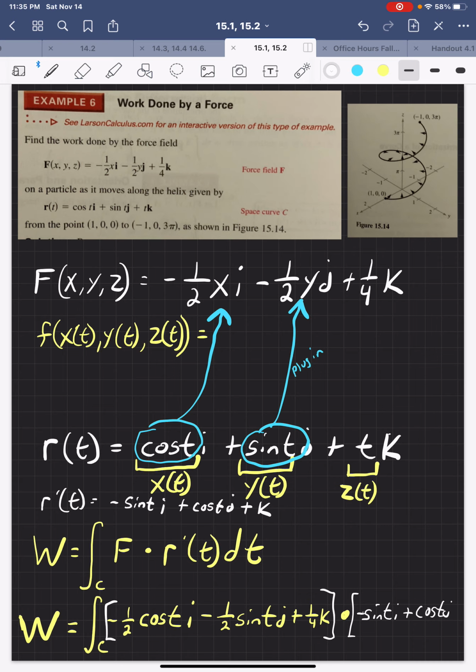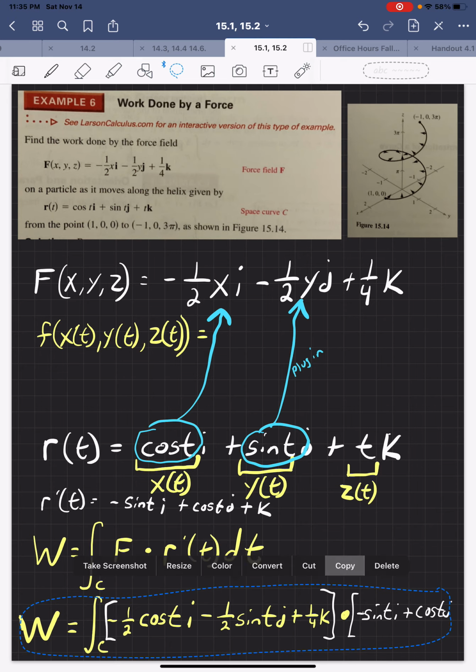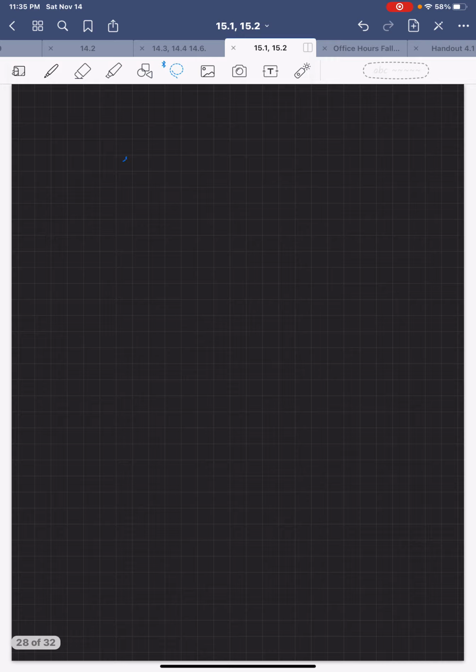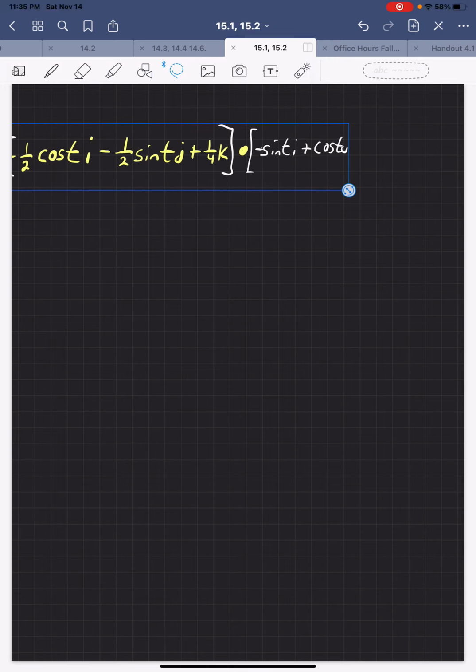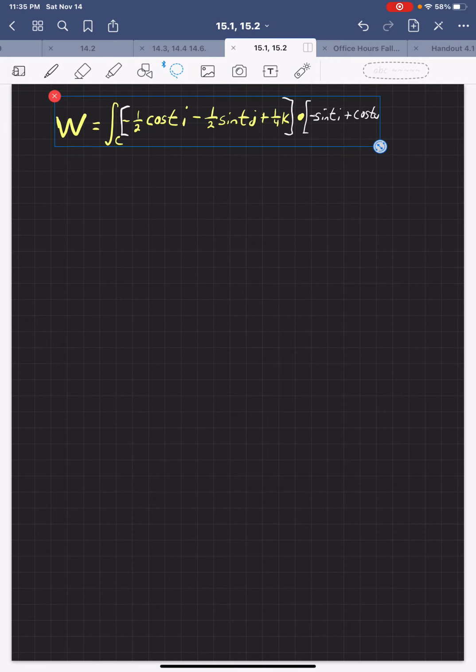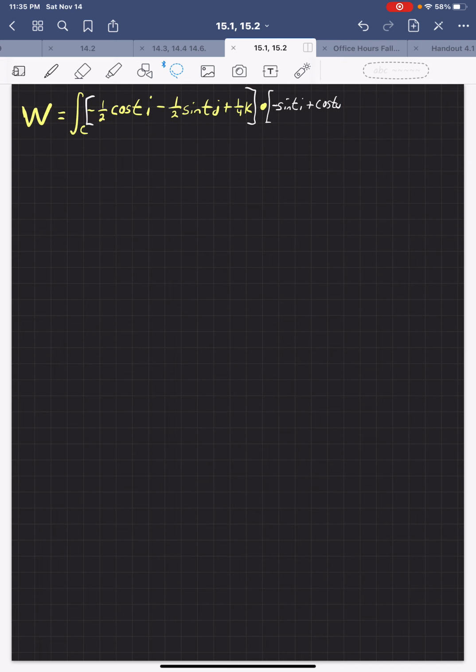I'm gonna copy this since we're going to be going to the next page anyway. Let me just copy this, paste it on the next page where I have a little bit more room. So plus, let me make sure I wrote a plus symbol first off. Should have been a minus symbol.